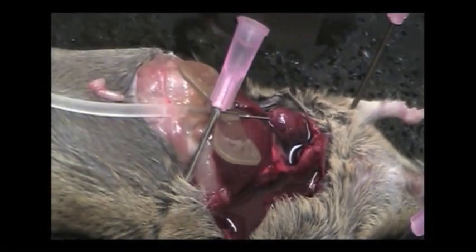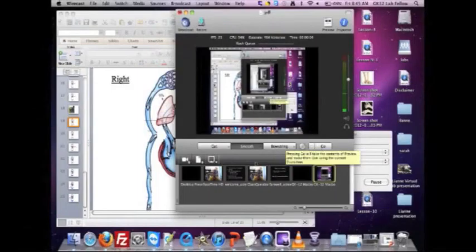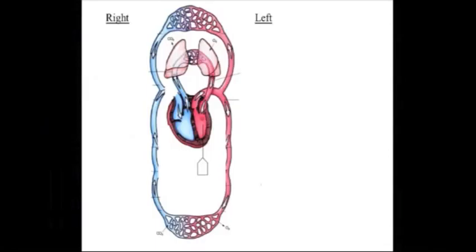Then solution is coming all the way out to the animal's body and then coming back in the heart through the right side. But remember, I sever the connection between the right side of the heart and the veins in the animal's periphery. So all the blood that would be entering the right side of the heart is being actually pushed out.